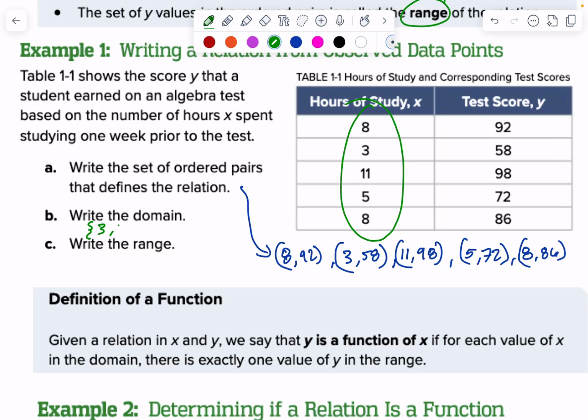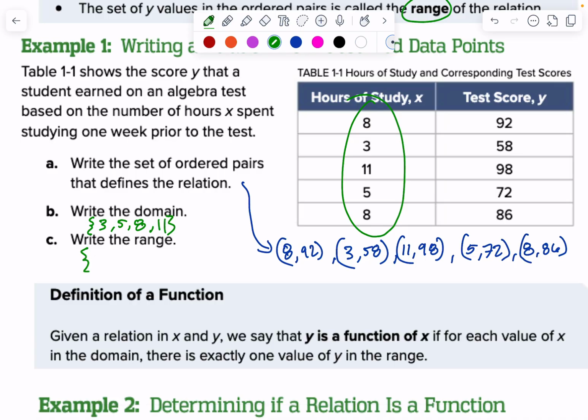So 3, 5, 8, and 11. The 8 is not listed twice. For the range, you also go in order, and you don't list the doubles. So 58 is the first one, 72, 86, 92, 98. There's that. Domain, range, set of ordered pairs, not too bad.